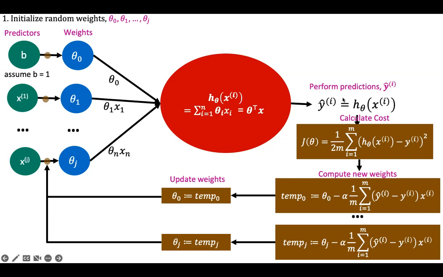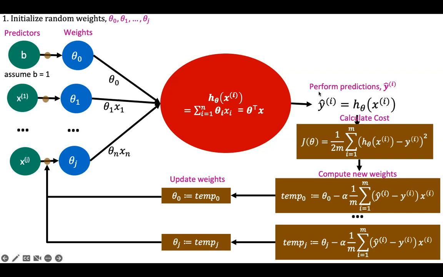And of course, in order for us to evaluate the quality of the predictions, in other words, evaluate the amount of error or how far the actual is from the predicted value, we can calculate the cost. We can do that by simply taking the sum of the squared differences between the actual and the predicted.